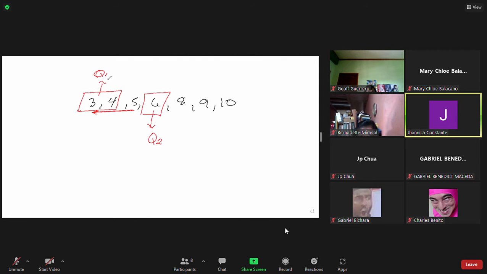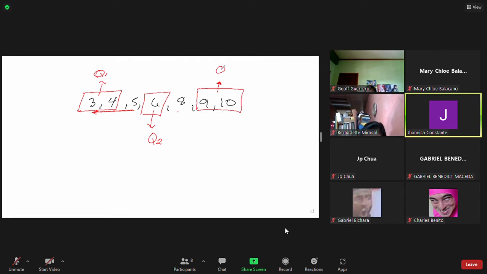That's your quartile 1. The same for your quartile 3: get the last two numbers, add them, and get the half of the sum of the two last numbers on your right side.